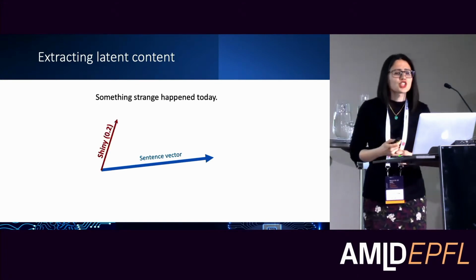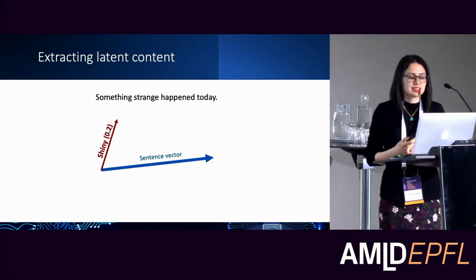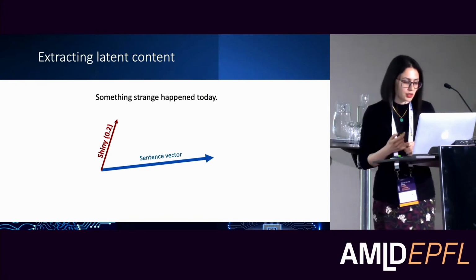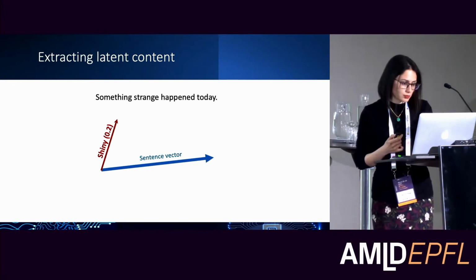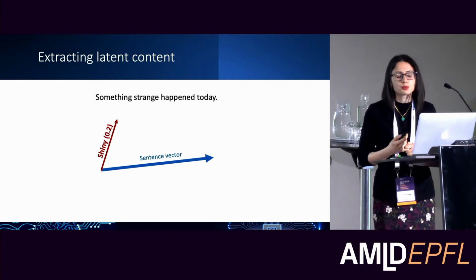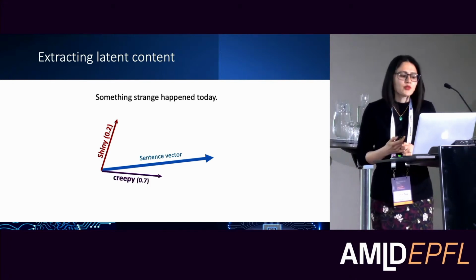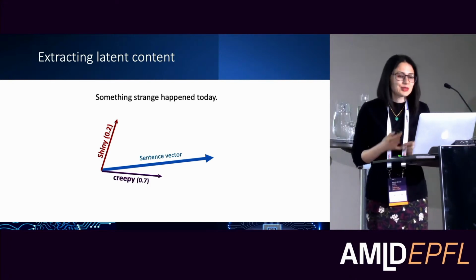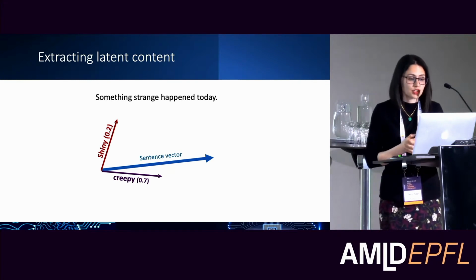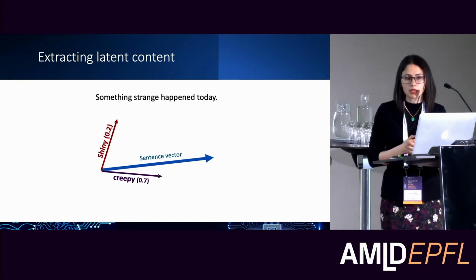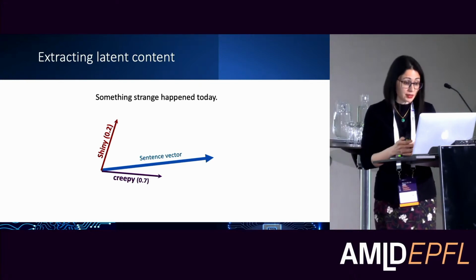For instance, the word shiny. It's not really semantically close to this sentence. So the cosine of the angle of these two vectors was 0.2. However, a word like creepy is semantically closer to this sentence. So for this, we got a cosine similarity of 0.7.